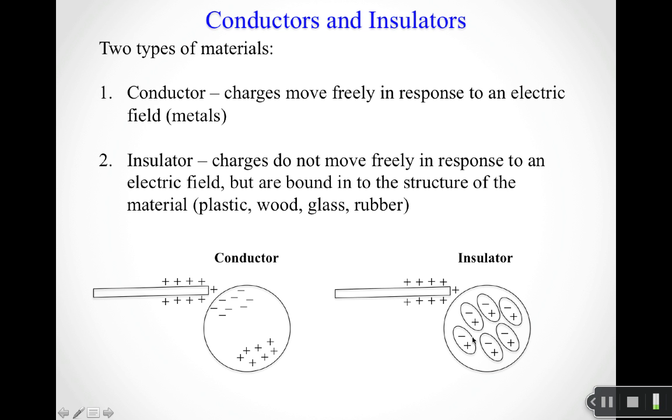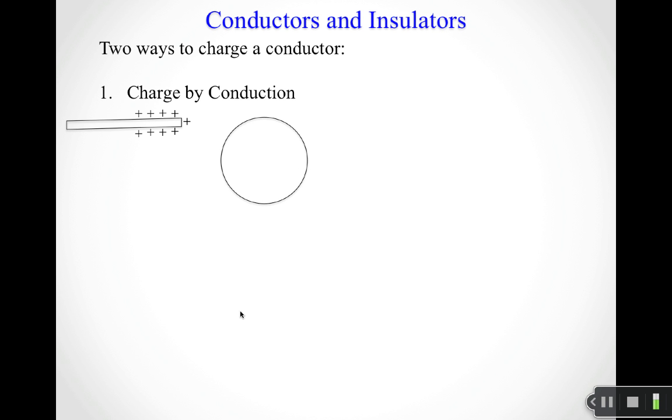This is where you've polarized the atom so that there's a negative side and a positive side of the atom, but those electrons can't get away from the atom that they're with and end up coming over to this side of the conductor. So we'll deal with this scenario when we're talking about dielectrics. But this is a situation where you can polarize an insulator, but you can't get a huge chunk of negative charge like you do with a conductor.